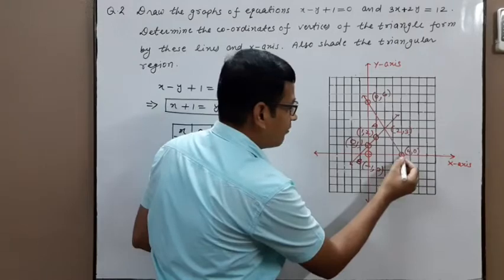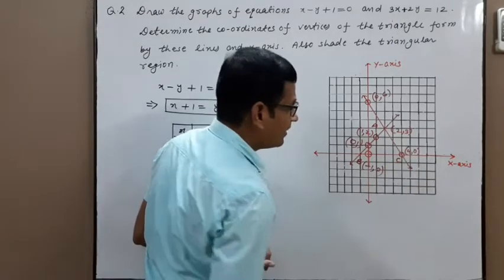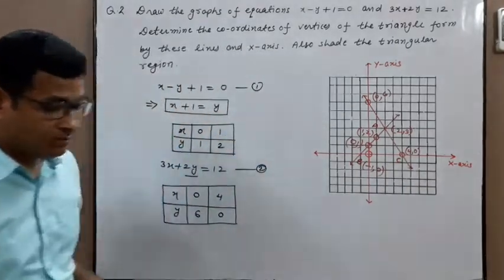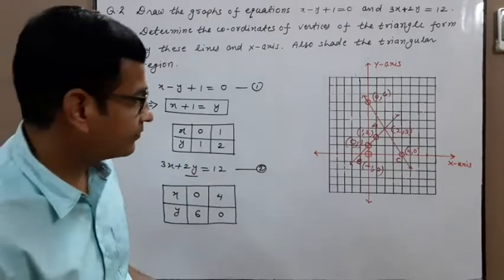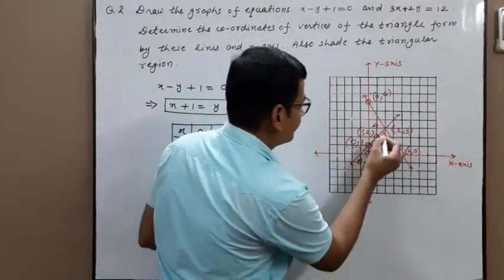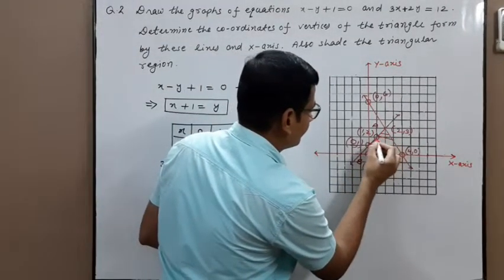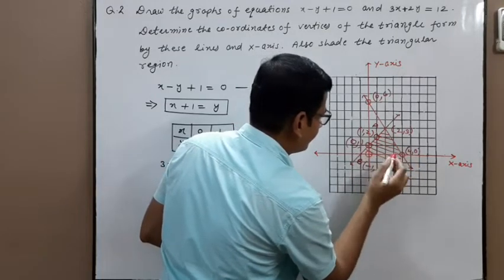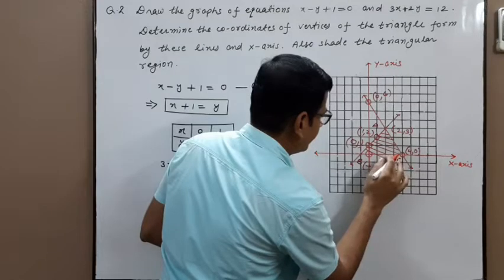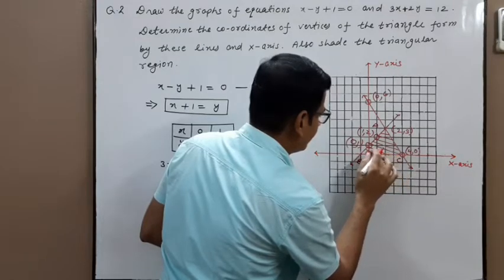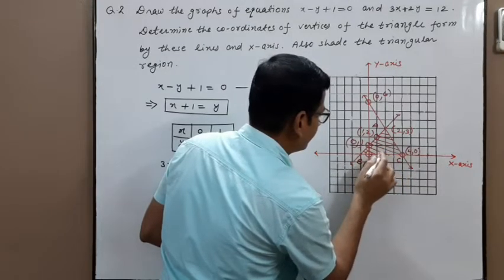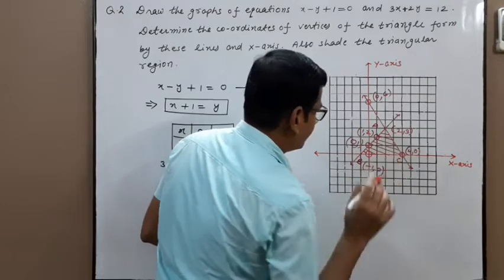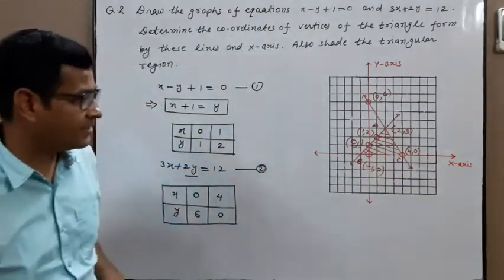And coordinates of point C are (4, 0). And now shade this region also. This is the shaded region.